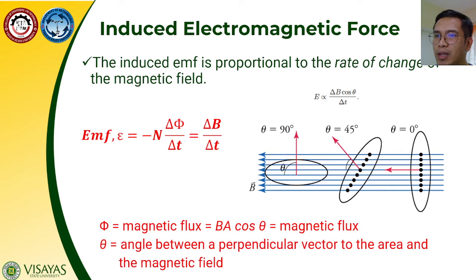As the loop is rotated from 90 degrees to 0 degrees, the contribution of the magnetic field lines to the EMF increases. Thus, what is important in generating an EMF in the wire loop is the component of the magnetic field that is perpendicular to the plane of the loop, which is B cos theta.